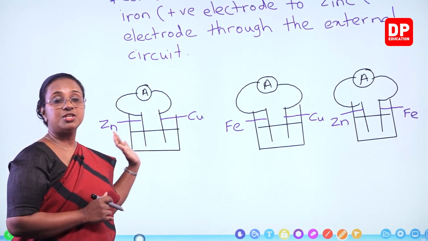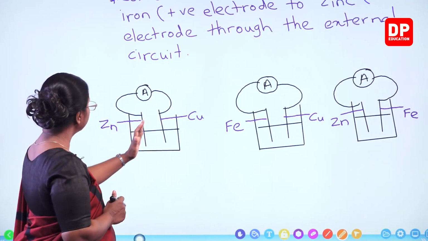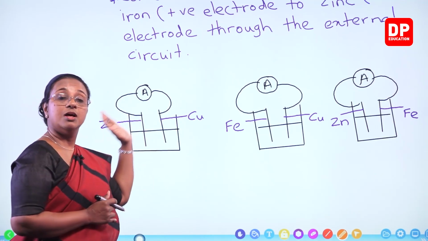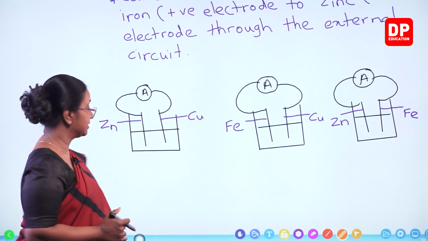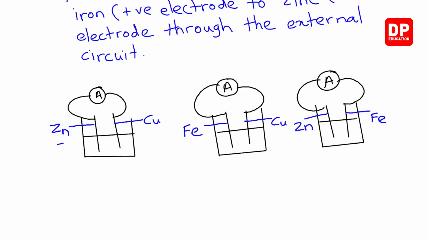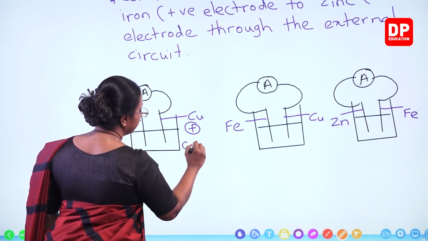That is conventionally or normal practice is to draw the more reactive metal on the left hand side, less reactive metal on the other side. So this is the negative electrode and that is the anode. Here this is the positive electrode and cathode.